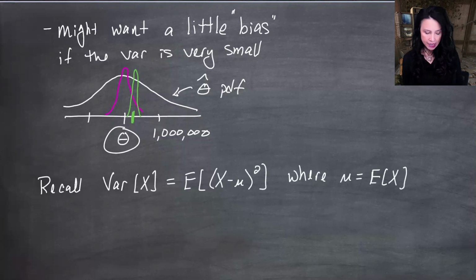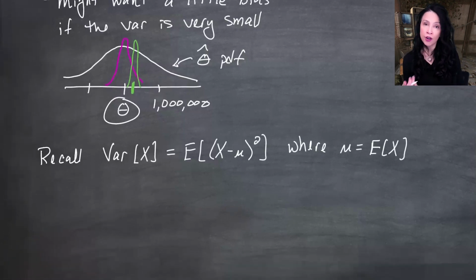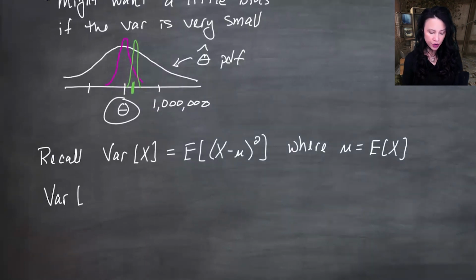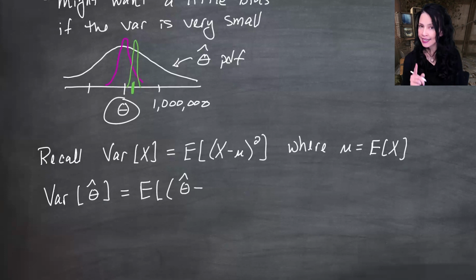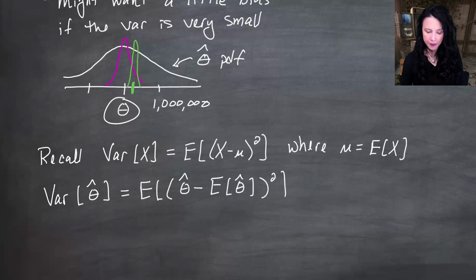Now that we're talking about estimation, our random variables are the estimators, the theta hats. So the variance for theta hat is the expected value of theta hat minus its mean squared.